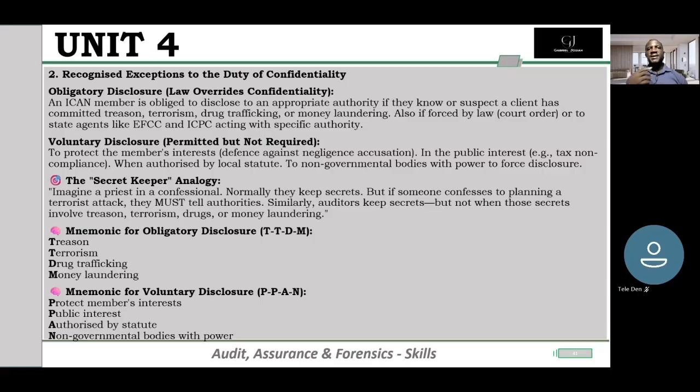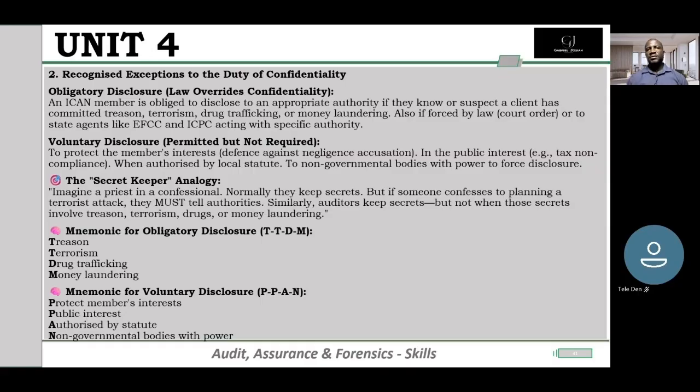Think of a priest in a confessional booth. Normally they keep secrets, but if someone confesses to planning a terrorist attack, they must tell authorities. Similarly, auditors keep secrets, but not when those secrets involve treason, terrorism, drug trafficking, or money laundering. Here is the mnemonic for obligatory disclosure: TTDM, for treason, terrorism, drug trafficking, and money laundering.